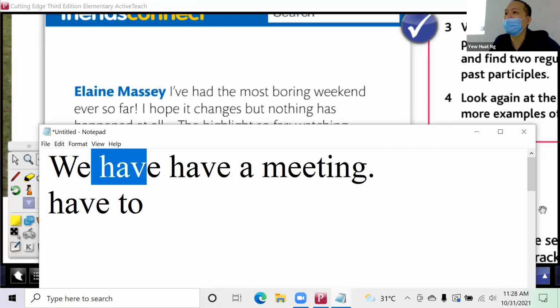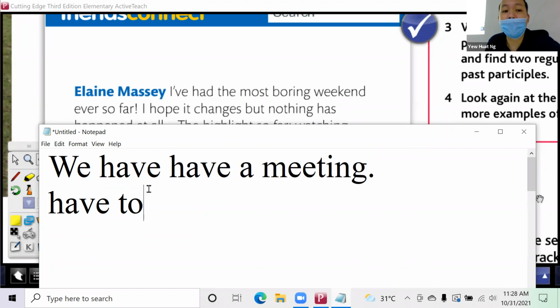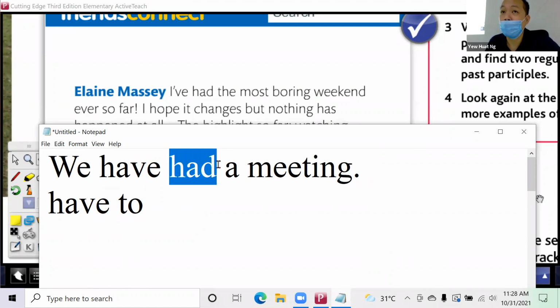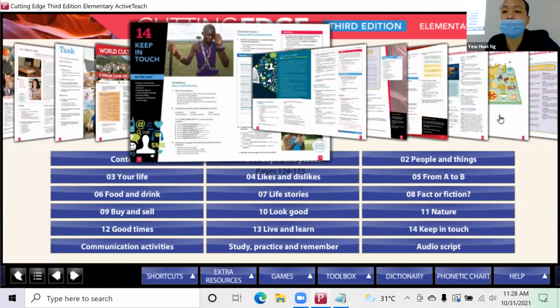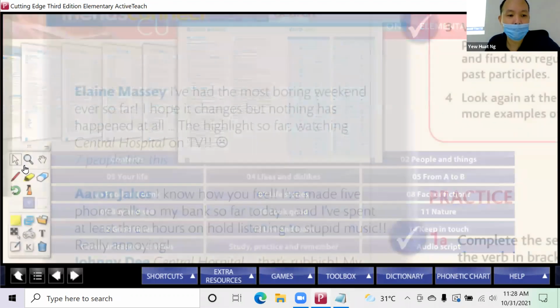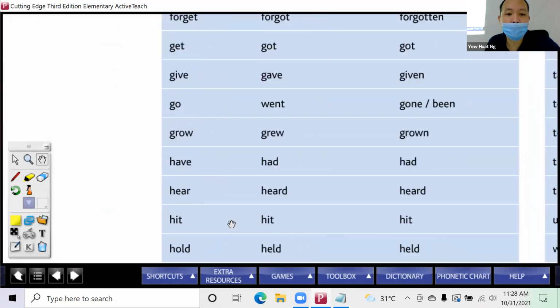What is we have a meeting? 我们已经开会了. Do you understand? 我们已经开会了. So this is the meaning. So the grammar is wrong. We need to change this "had" into a "had". This "had", why? Because, again, sorry, I think 用华语好不好, because 它的过去分词: have, had, had. 有了，已经有了.